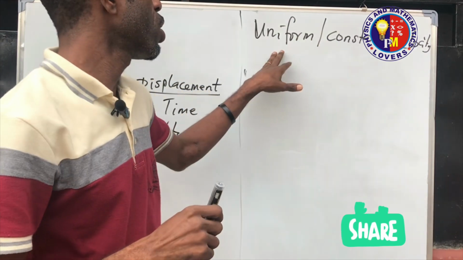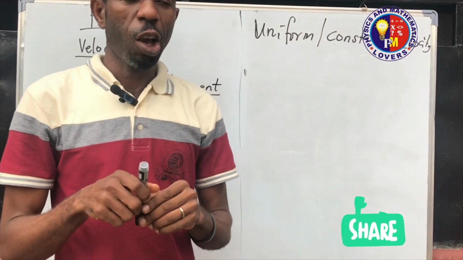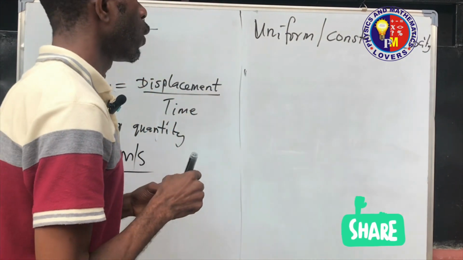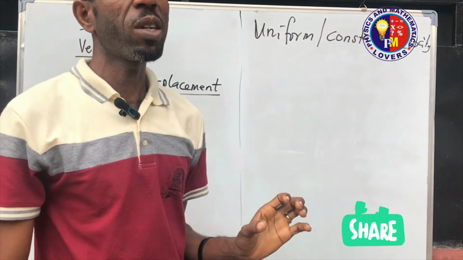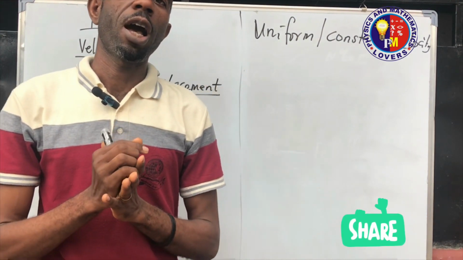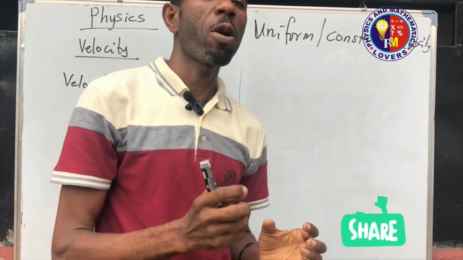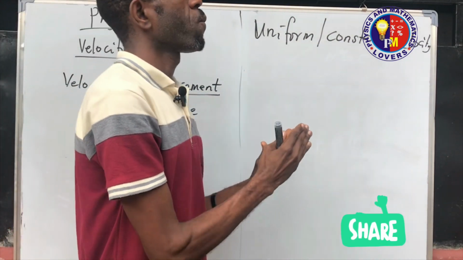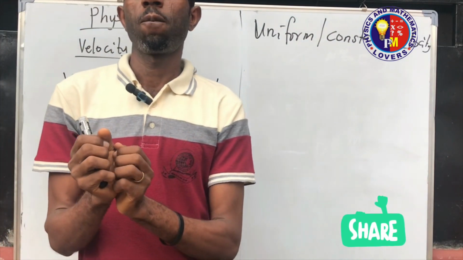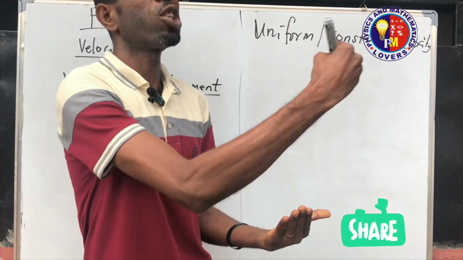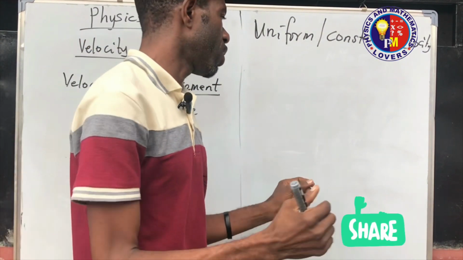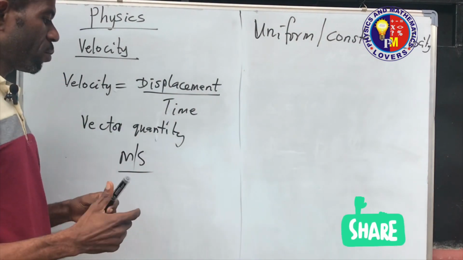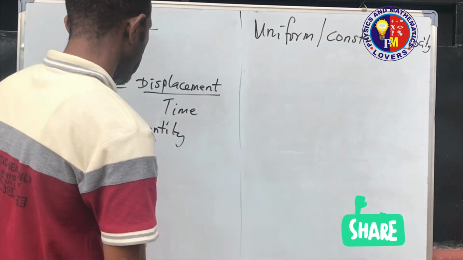So, in that case, we have what is called a constant or uniform velocity. For example, a car can start moving, maintaining a particular speed and without increasing. When you check the time, the rate at which the time changes with the rate at which the displacement changes, you discover that the rate is always the same. So that talks about a uniform or constant velocity.